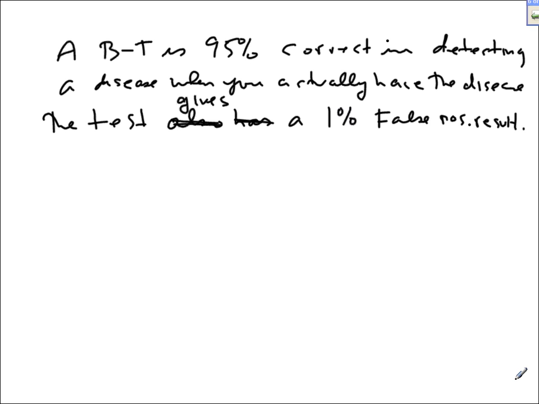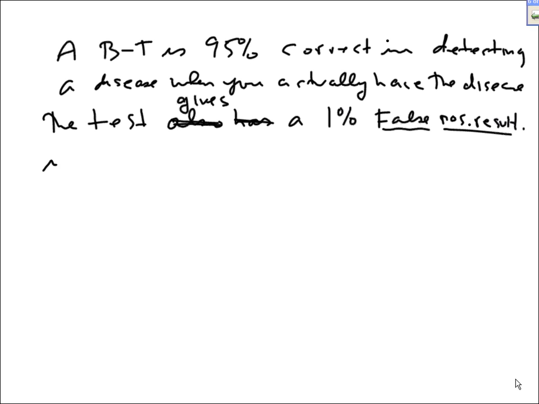You get a positive result, but it's not correct. That is, 100 people come in, they don't have the disease. That is fact. They don't have it. Well, if all 100 took the test, one of them will come back positive. Yep, you have it, even though you don't.